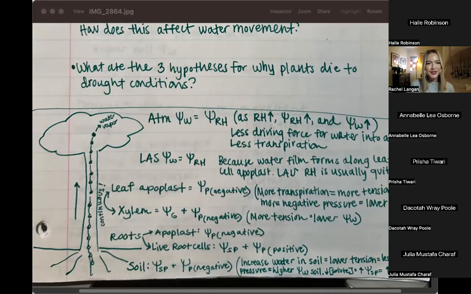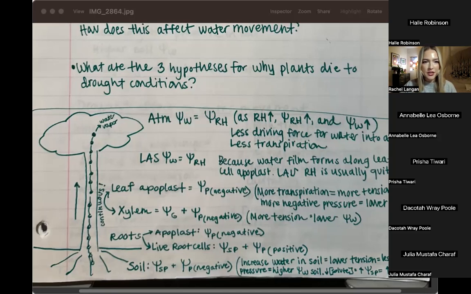Okay, so in the leaf apoplast it is just negative pressure. So remember, negative pressure is just tension on water. It's just that pull. So positive pressure we talked about inside of cells. When you push water into a cell, you increase positive pressure, you get turgor pressure. But the pressure happening outside of cells, like in the cell wall, is just due to tension, those cohesion and adhesion forces.